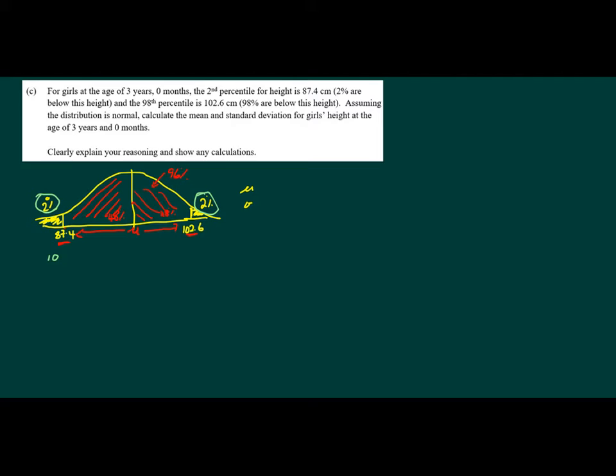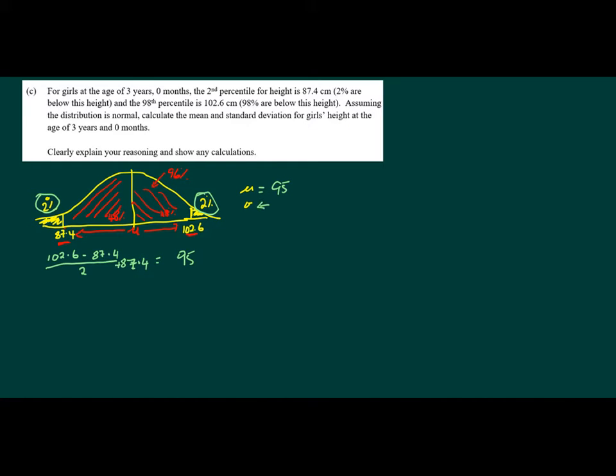I would go 102.6 minus 87.4, then divide that by 2, and then add that to one of those two values, so plus 87.4. That equals 95. What that tells me is that the mean is equal to 95.